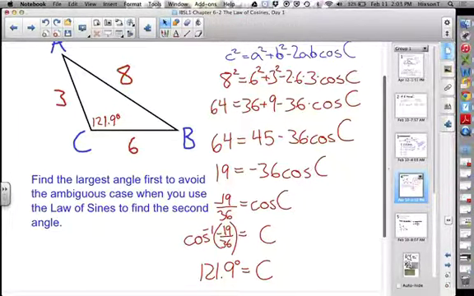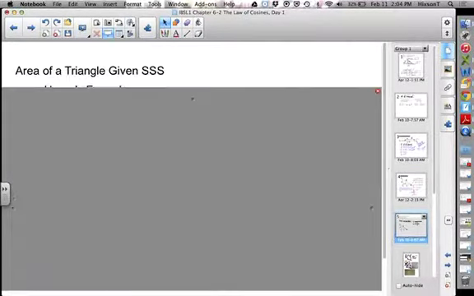Now, there's one last thing I want to look at here, and this is a second area formula. If you want the proof of this, it's at the end of the chapter. I'm not going to do the whole proof of this one, but it's an area formula that actually was derived. There are 2 derivations. One uses a triangle inscribed in a circle.